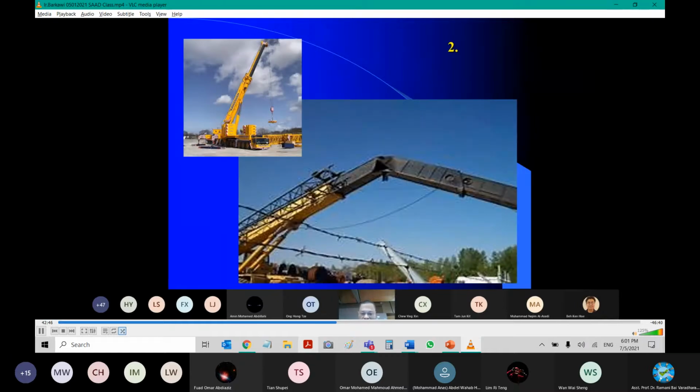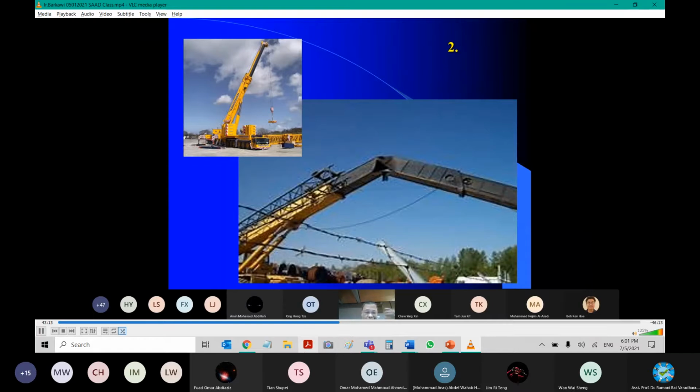Now the first one is a common engineering work. So what is this? It's a normal telescopic crane, being used to lift heavy objects, move heavy objects, and it's being used in construction sites.